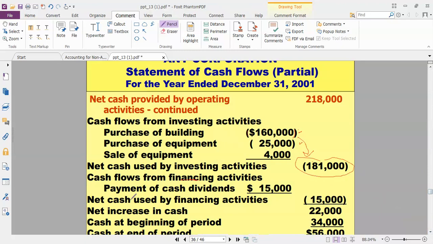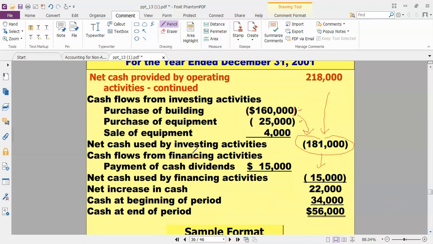Alright. So then the net cash used by the financing activities you must minus, so that you will get 218,000 you minus with 181 and minus with 15,000. So then you have the net increase, because the amount is positive here, so that is an increase in cash.